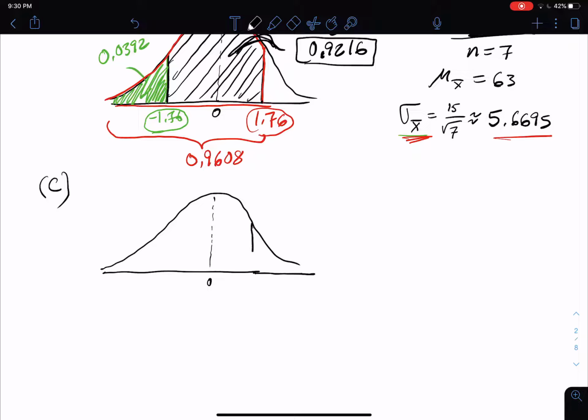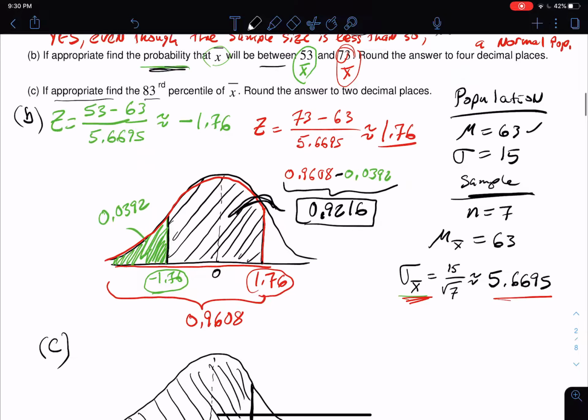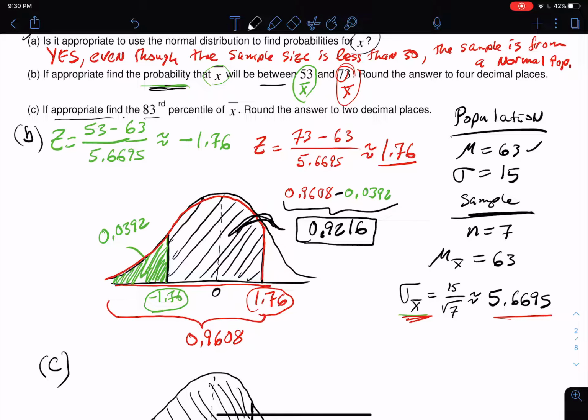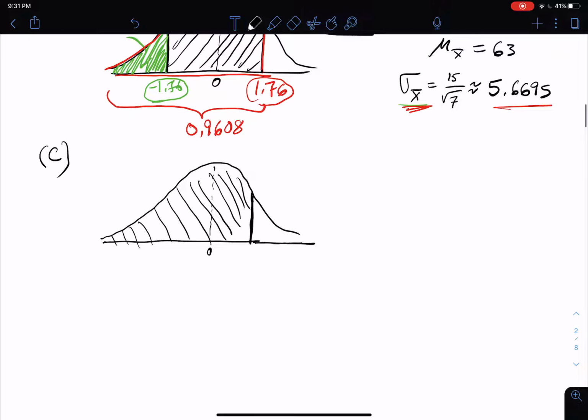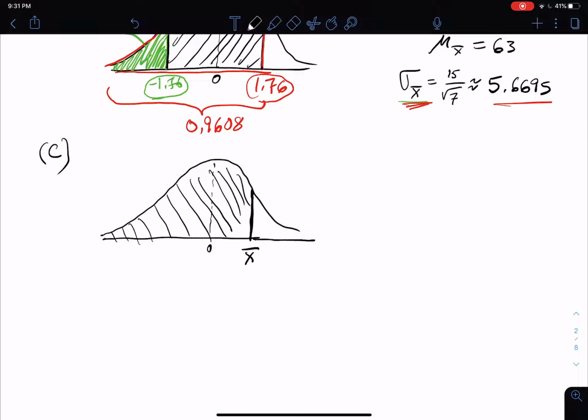The 83rd percentile means that 83% of the population is to the left of this point. We're looking for the 83rd percentile of the sample mean. So we're looking for this value right here when the area under the curve is 0.83.